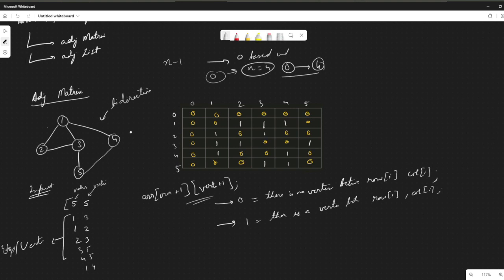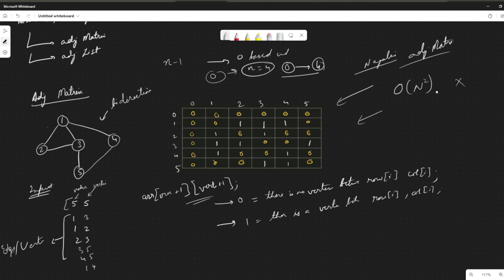So let's try to understand the time complexity. What is the space complexity? First of all, we declare the adjacency matrix. If we have to store n nodes, we have to make an n cross n matrix, so we have a space complexity of n square, which is not good.